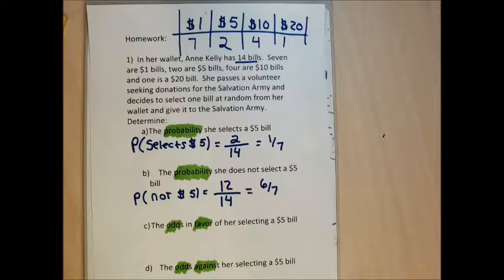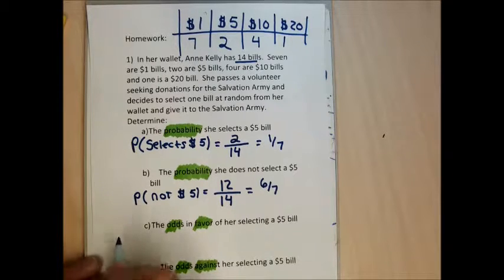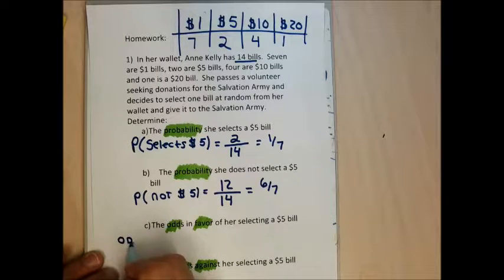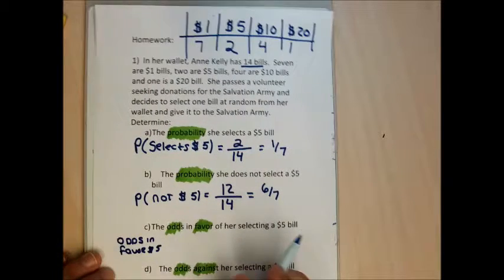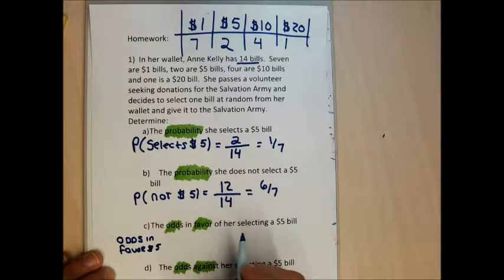For part C, what are the odds in favor of her selecting a $5 bill? The easiest way to compute odds in favor is to break the bills in her wallet up into 2 categories.